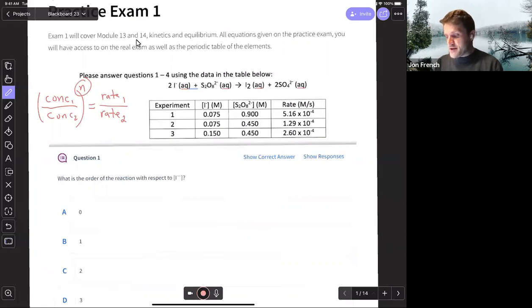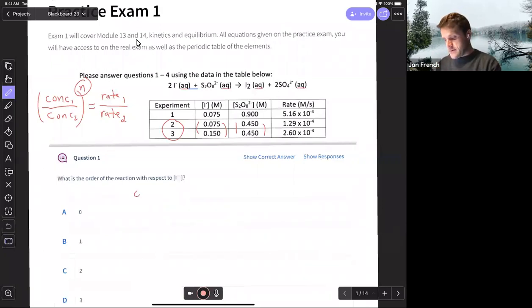So for iodine, we're going to take a look at the data table. We need to find 2 experiments where the concentration varies for iodine and is held constant for the other species in the reaction. If we look at experiment 2 and 3, we see that the concentration of iodine changes, whereas the other concentration stays the same. So we compare those 2 concentrations and the 2 corresponding rates.